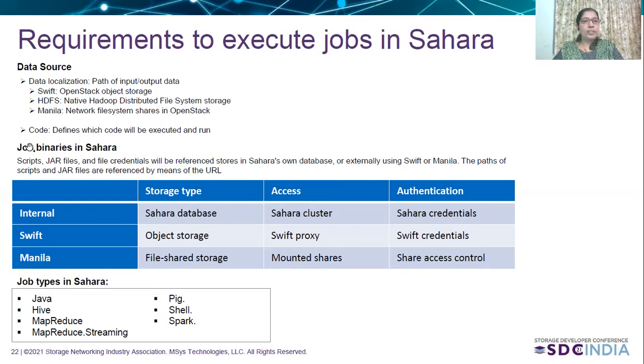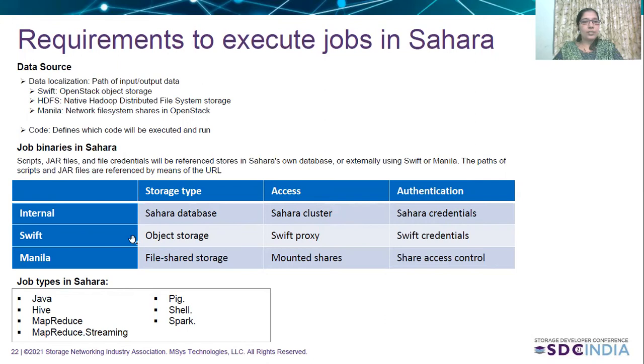The job binaries are scripts, jar files, and file credentials, which will be referenced in Sahara's own database or externally using Swift or Manila. If the job binary is located in Sahara's own database, access will be via the Sahara cluster and using Sahara credentials.